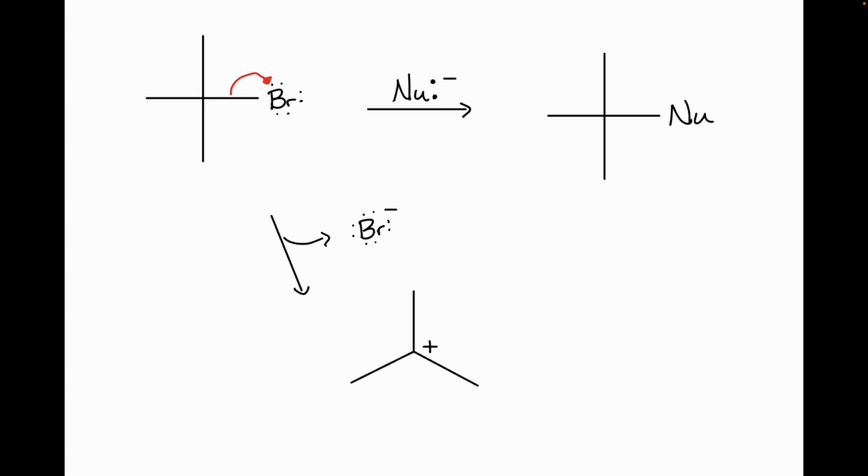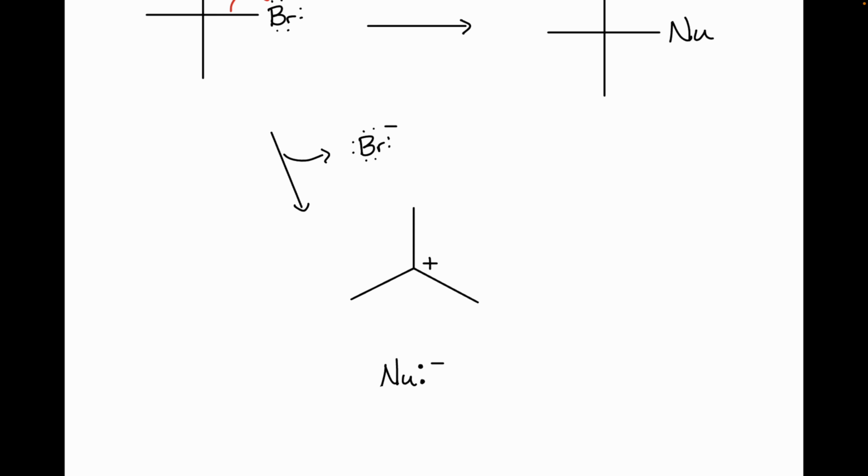All right, now our nucleophile will be involved in this reaction here. Carbocations are great electrophiles. They're good at accepting pairs of electrons. So our nucleophile is going to attack that positively charged carbon, and that's how I get my new carbon nucleophile bond.